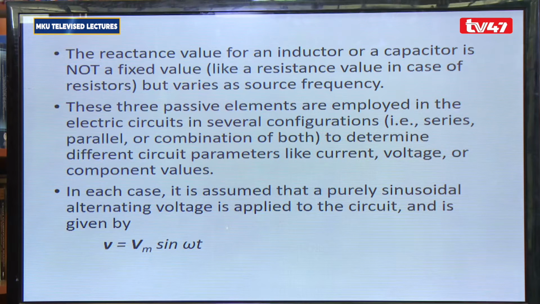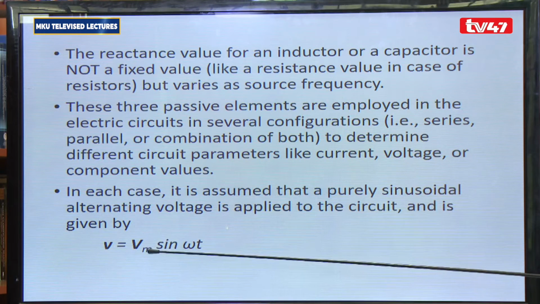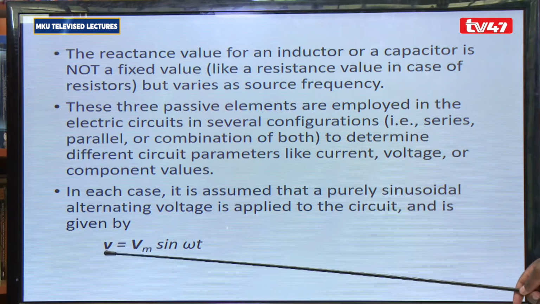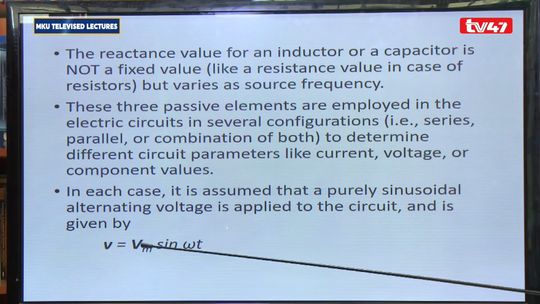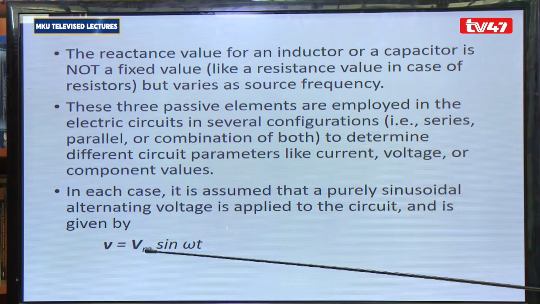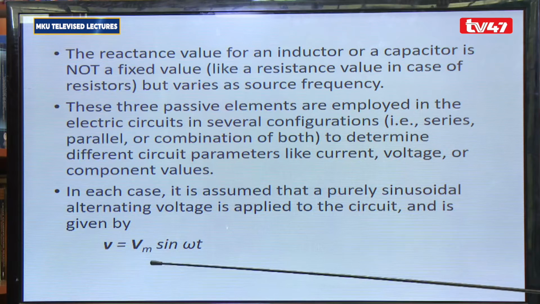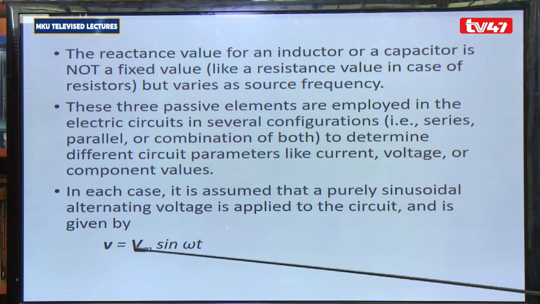In all of them, we are going to assume the supply voltage is a pure sinusoidal voltage, which is given by the formula V equals Vm sine omega t, where V is the supply voltage and Vm is the magnitude, or the maximum of the waveform. This is a sinusoidal waveform, or a sine wave, and the amplitude or peak value is our Vm.